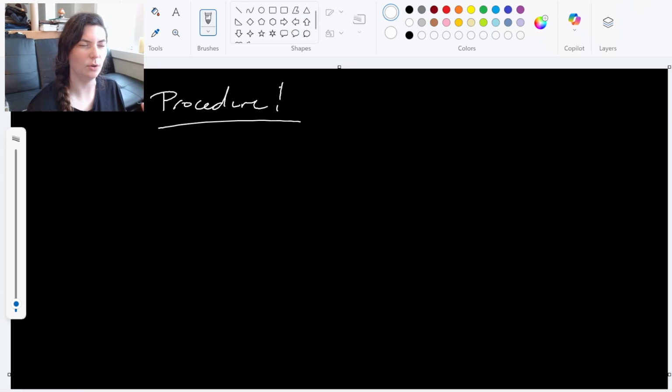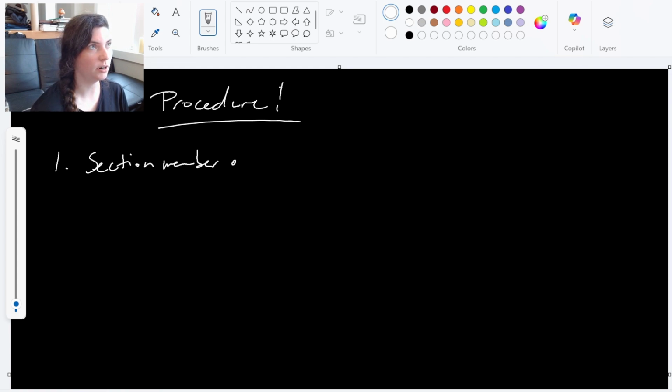Let's break down a basic step-by-step procedure on how you can go about these. The first thing that we're going to want to do always is section the member at the point of interest.